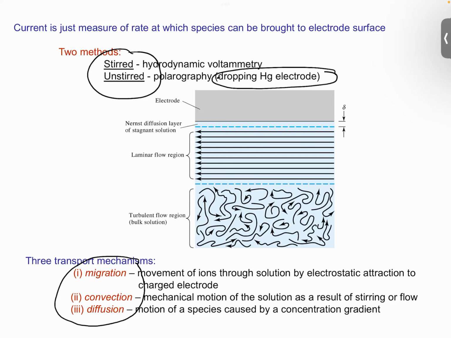You can see we have the bulk solution where the original ferrum 3 is located, and then you have this process of migration, diffusion, where the species move towards the electrode surface.